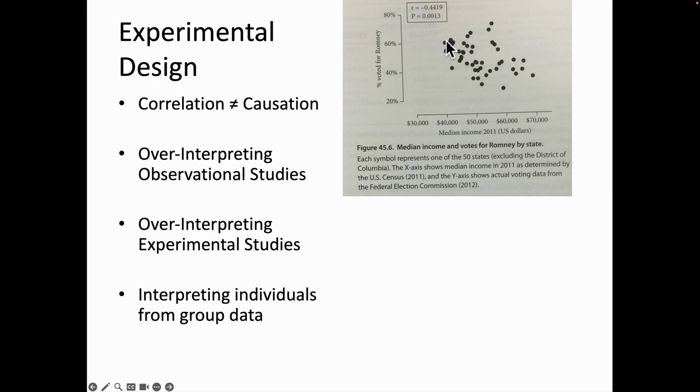Poorer states were more likely to vote for Romney, and richer states were more likely to vote, well, for someone else. And that's an observational study, and that's correlative, and it can be interesting, but we shouldn't overinterpret what that means. In addition, you should not overinterpret what experimental studies mean.